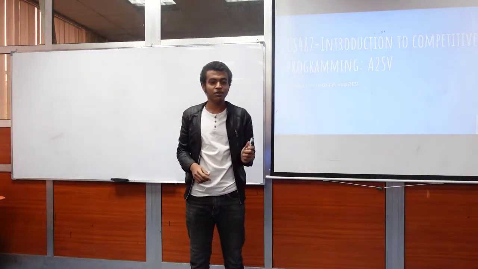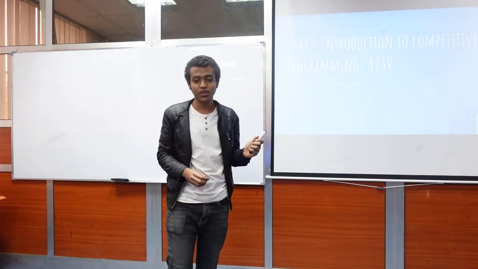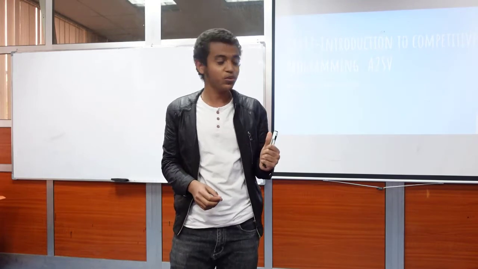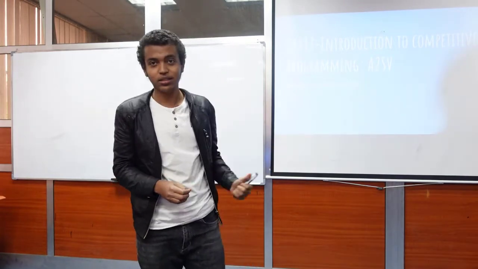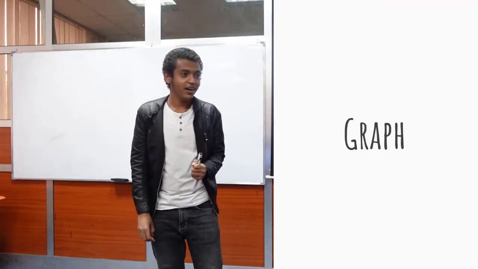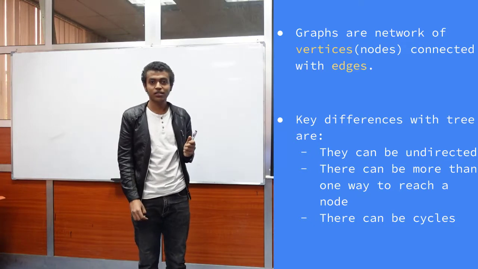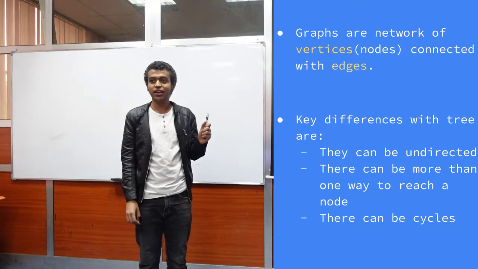Okay, so we'll start introduction to Graphs and DFS. So I'm glad we've covered trees with lots of time till now, so it will get easier to understand the concept of graphs. So graphs are networks of vertices or nodes connected with edges.